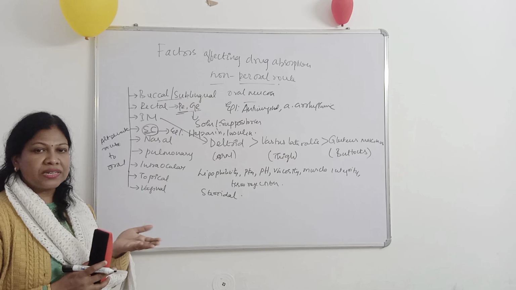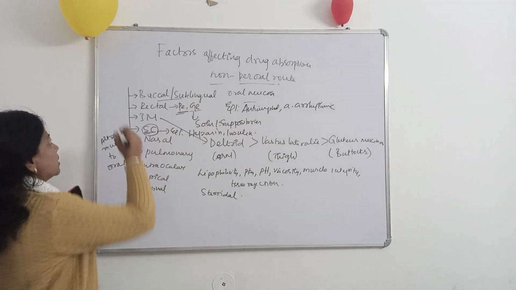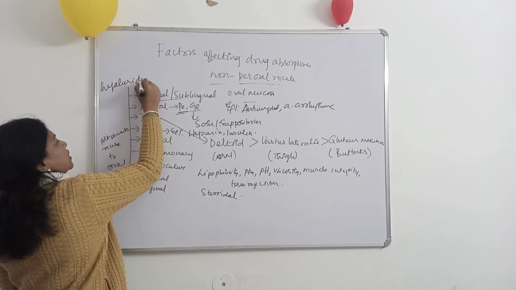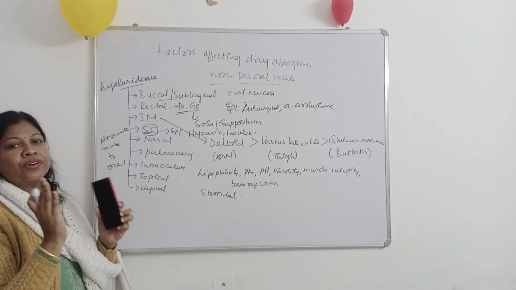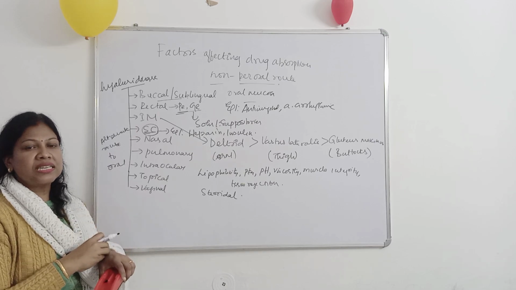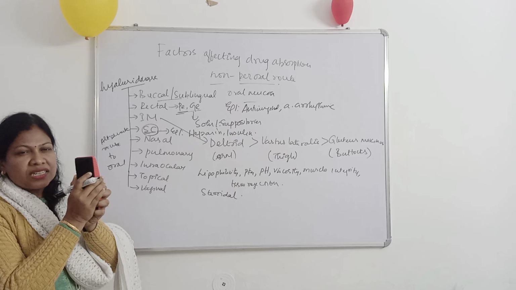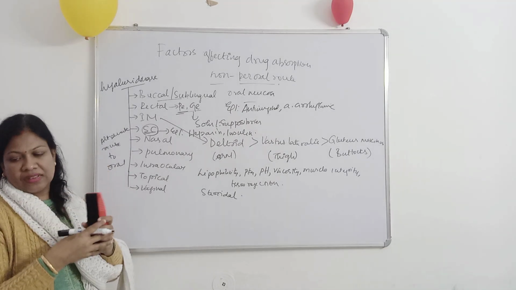Another method, as I told you, is to increase the permeation. How to increase the permeation? By breaking the connective tissue by administering hyaluronidase. Hyaluronidase is the enzyme which is responsible for breakdown of hyaluronic acid. This hyaluronic acid is present in the connective tissue between the cells, which makes a tight junction that restricts the passage of drugs through the cells.